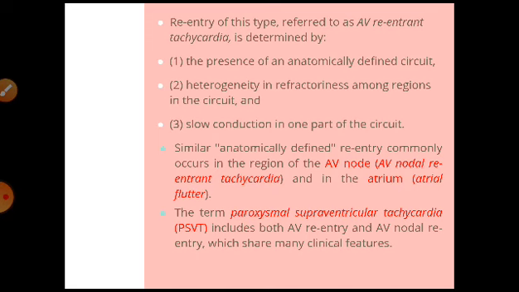Similar anatomically defined re-entry commonly occurs in the region of the AV node and in the atrium, which brings atrial flutter. The term paroxysmal supraventricular tachycardia includes both AV re-entry and AV nodal re-entry. This is also an important point: when a doctor says there is a PSVT, it means that both the conditions are there.